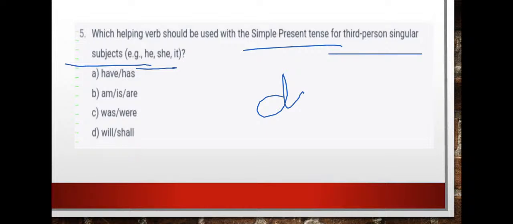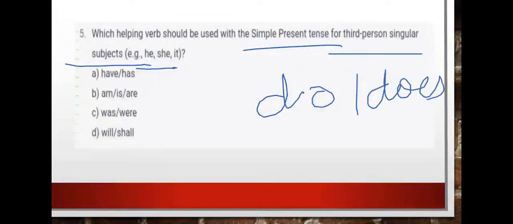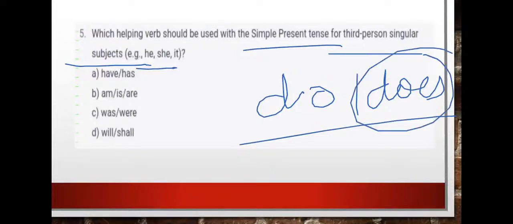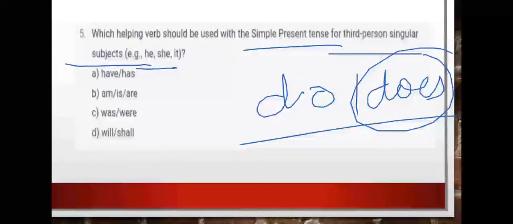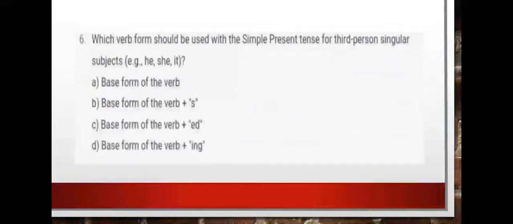Now we had do and does for simple present tenses. And does, I told you, could be used with he, she, it, that is, third person singular, but we don't have that option right here, so let it be. Does is the correct answer.